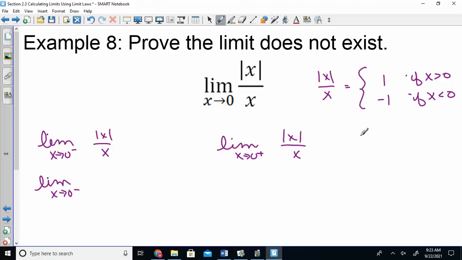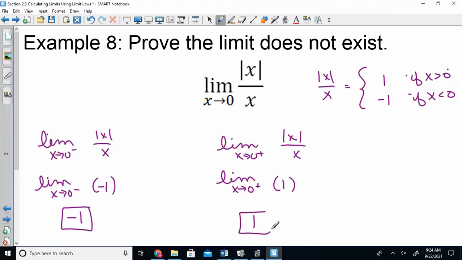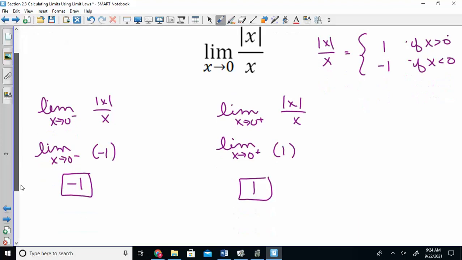If x's are smaller than 0, we're on the bottom one. So it's just negative 1, and the limit of a constant is the constant. So this is just negative 1. If you're plugging in things bigger than 0, then we are on the top. So you have the limit of positive 1, which is 1.